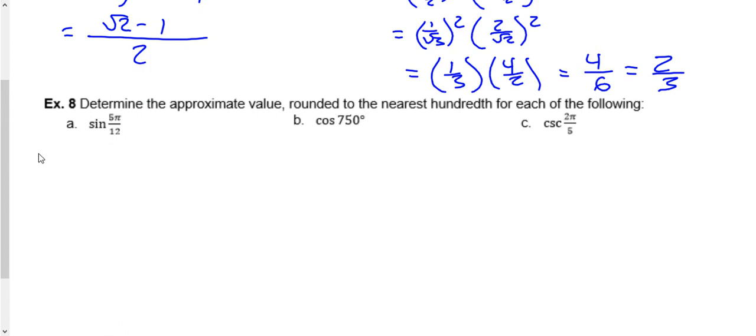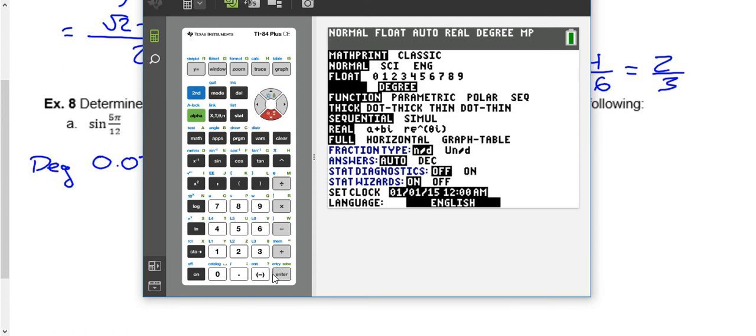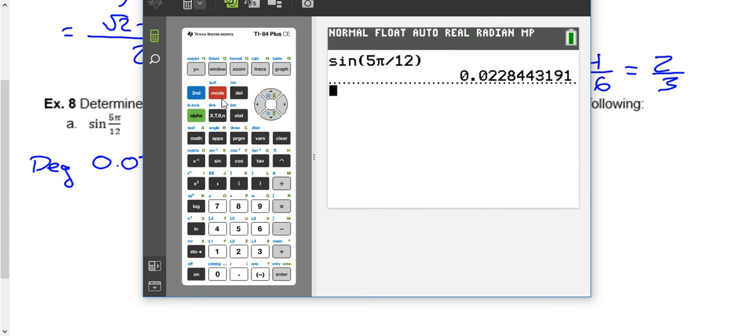So in degrees mode, we got 0.0228, which is absolutely wrong. We want to switch modes. So hit your mode button, go down to radian, hit enter. You want to be in radians because I see a pi there. So again, typing in this exact same question now, but in radian mode, we get 0.97 if you had to round it.